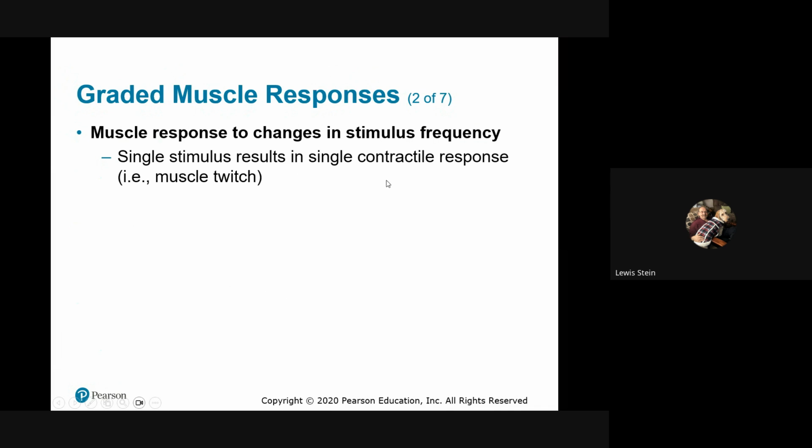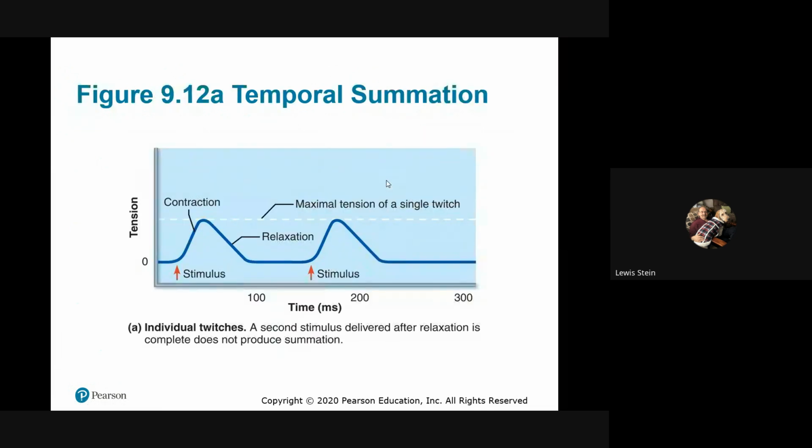So single stimulus, the twitch, we do this in the laboratory, or we do this therapeutically. All it means is it contracts and it relaxes, it contracts and it relaxes. The relaxation occurs because the stimulus releases the calcium, it contracts, obviously we reach the threshold response, and the calcium gets pumped back in, and now it relaxes.